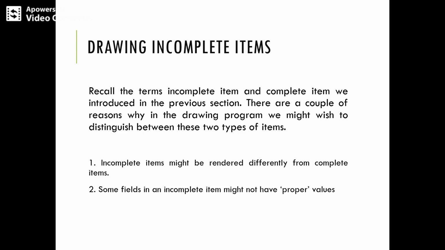An incomplete line, for instance, might have one of the endpoints null. In such cases, it is inefficient to use the same render method for both incomplete and complete items, because the method will need to check whether they are valid and take appropriate actions to handle these special cases.